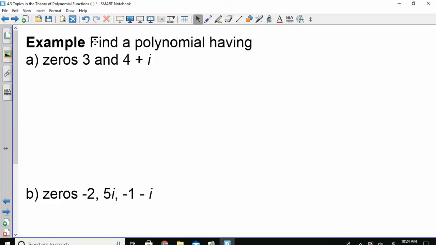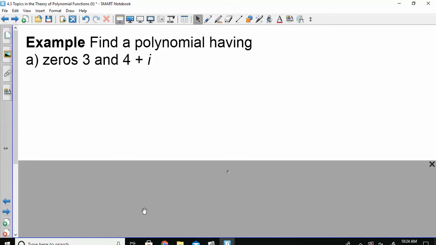What this means: first thing we're going to do is write a polynomial that meets these requirements. So I need it to have zeros of positive 3 and 4 plus i.